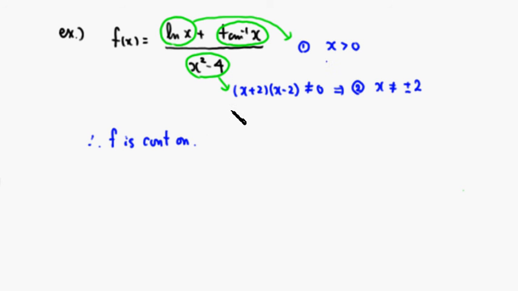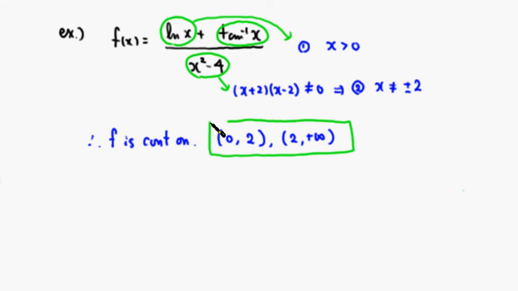It's going from 0 to 2, then we have to skip 2, then also on 2 to infinity. So that's the domain of this function, which means that this function is continuous on its domain.